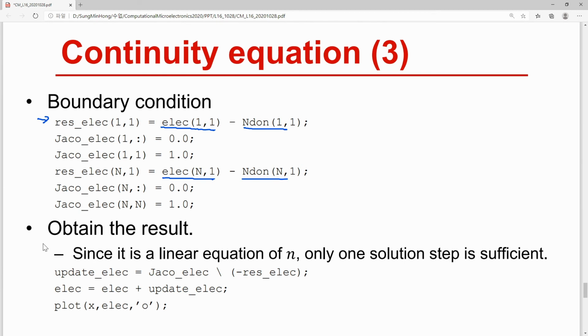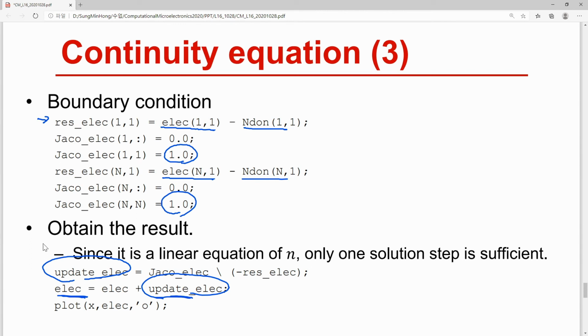That is the residue vector, and you can also calculate the Jacobian matrix. In this case, the Jacobian should be diagonal 1. Now you can solve the update vector and update your electron density.